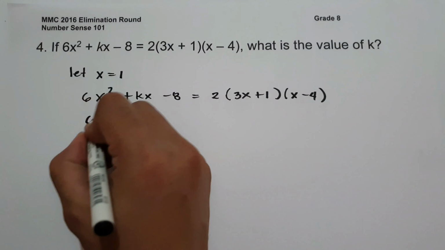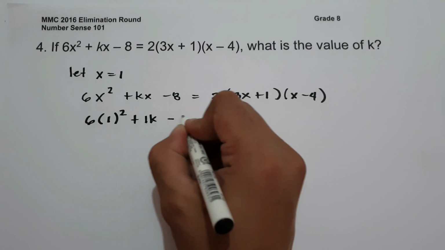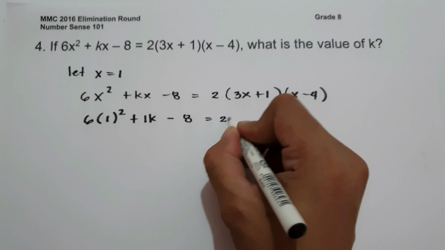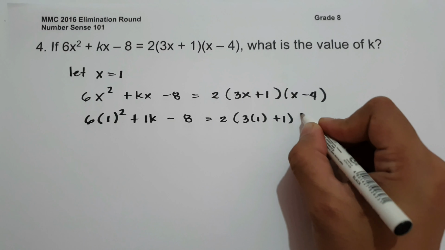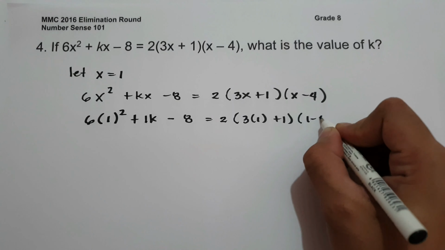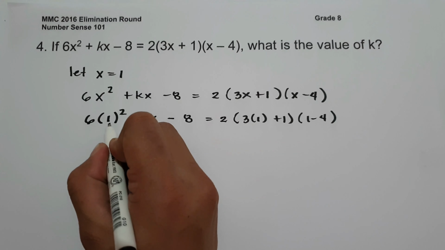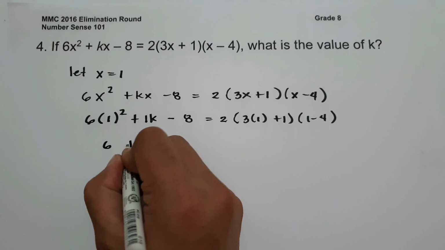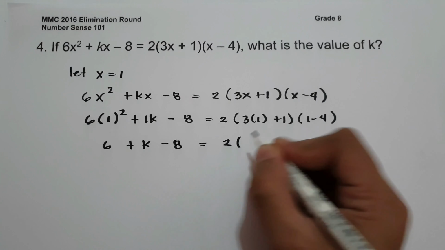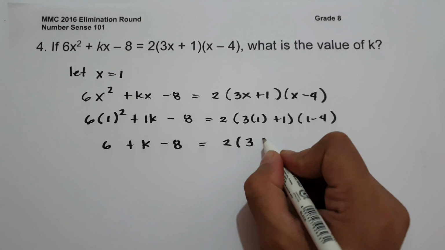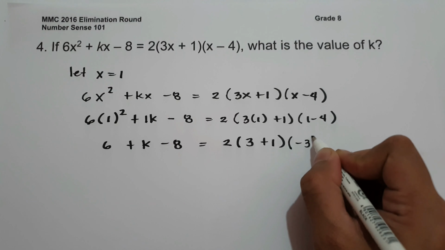So that is 6 multiplied by 1 squared plus 1k minus 8 equals 2 times 3 times 1 plus 1 multiplied by 1 minus 4. So let us simplify. 1 squared is 1, times 6 is 6, plus k minus 8 equals 2 times 3 times 1, that is 3, plus 1, and then 1 minus 4 is negative 3.